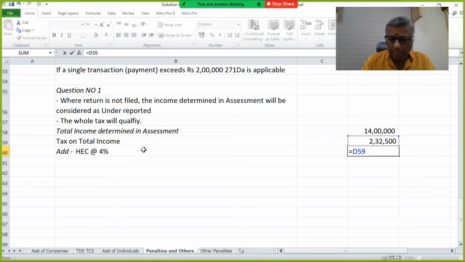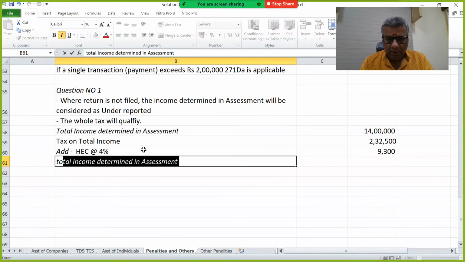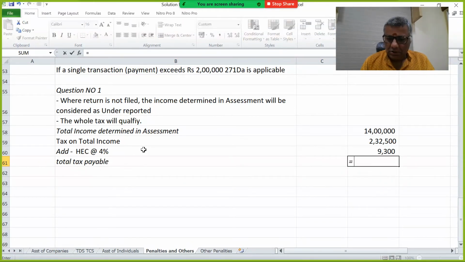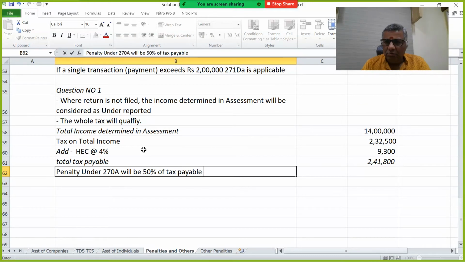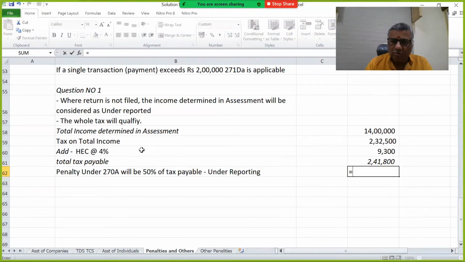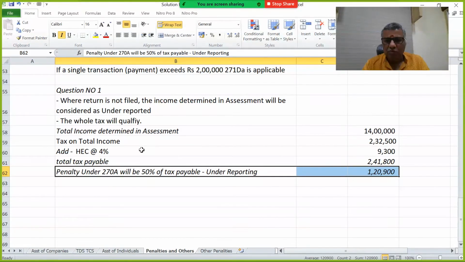This is the total tax payable. Penalty under 270A will be 50% of tax payable, since it is underreporting.